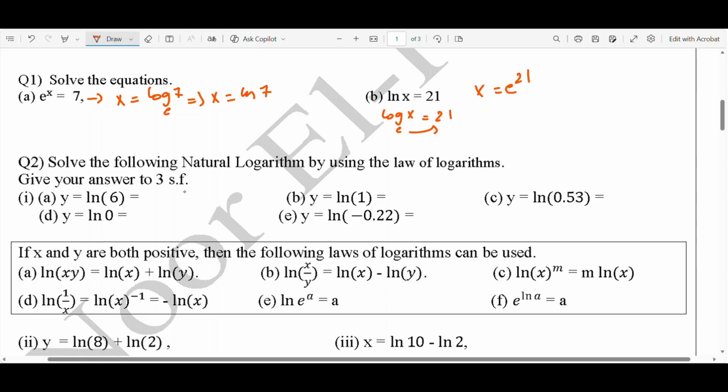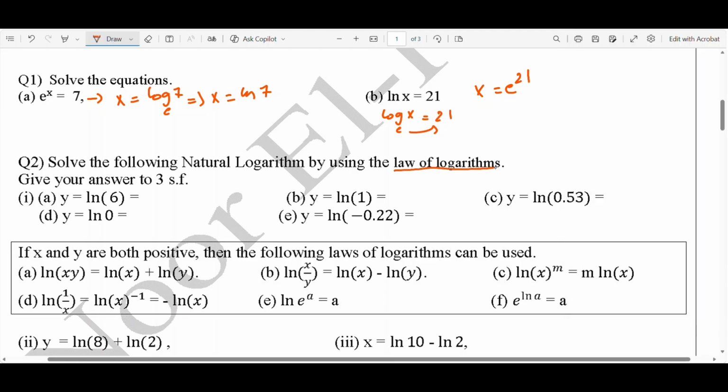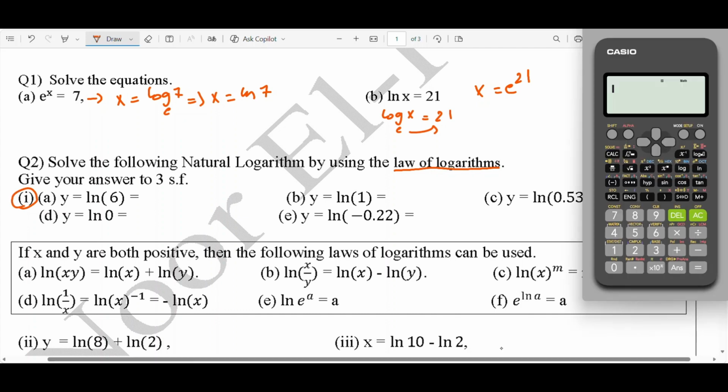Question number 2. Now show me your calculators. Solve the following natural logarithms by using the law of logarithms. I'm going to discuss the law of logarithms after solving part 1. Look back to your calculator. Now you have the key ln here, and above it you have e.